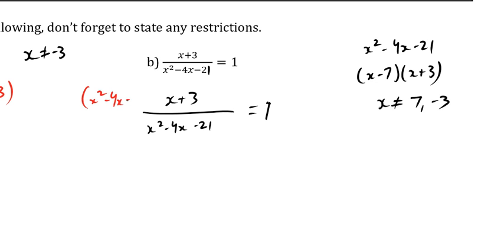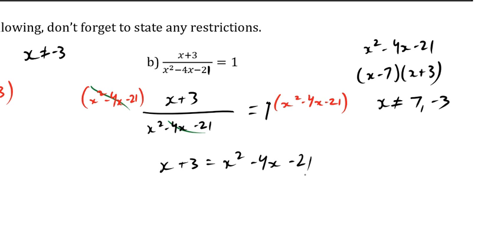You don't have to show this step this way, but we're going to do a couple of examples that are a bit trickier, and it's nice to have a system that we can fall back on when things get more complicated. So multiply both sides. These divide to 1, and I get X plus 3 equals X squared minus 4X minus 21. How do I solve an equation like this?